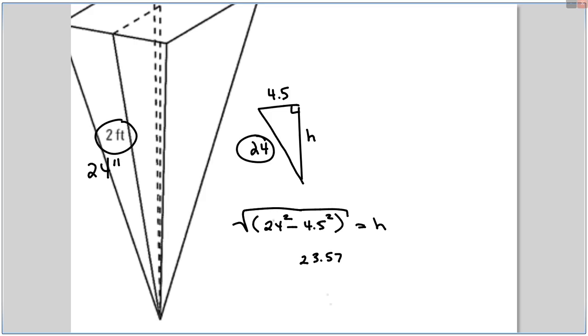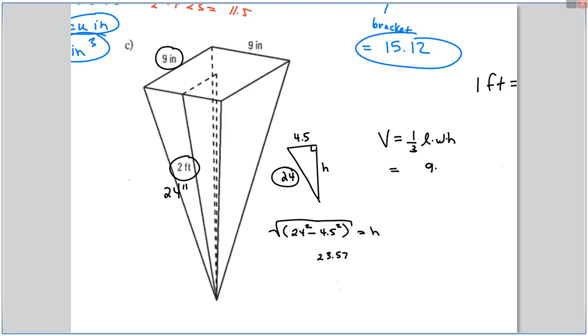Now that's the height. I like that little fist bump. And then you go into this formula, LWH, with a 1/3 at the front. So 9 times 9 times the number we just found.